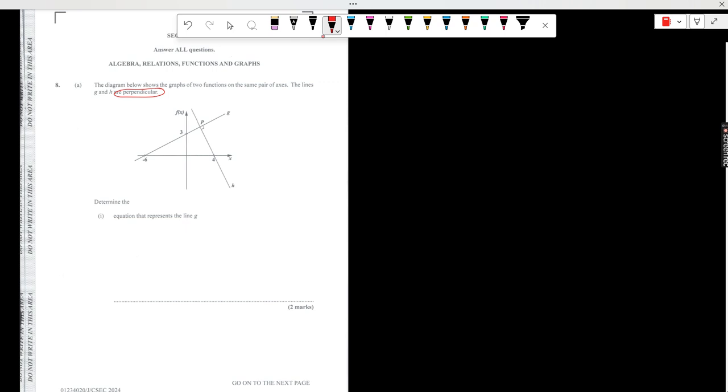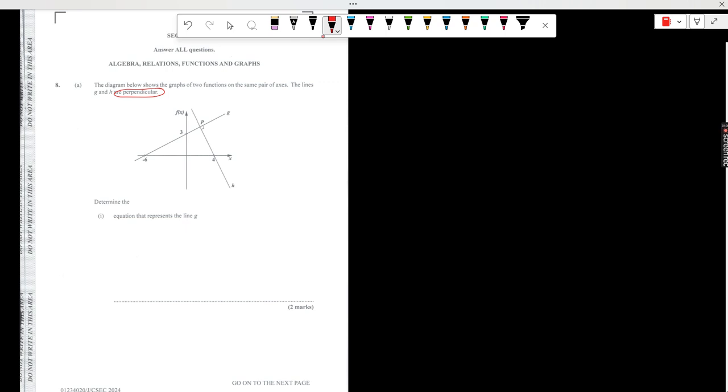Now let's look at the line G. What information do we have for the line G? Do we have the y-intercept for G? First of all, do you understand the meaning of the expression the y-intercept? Yes, sir.